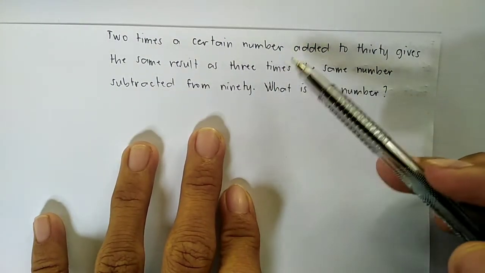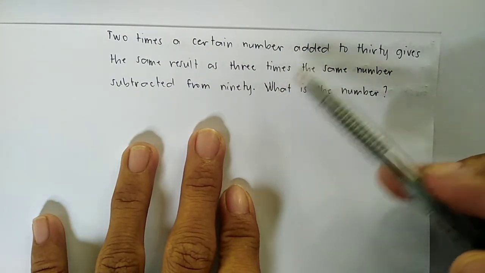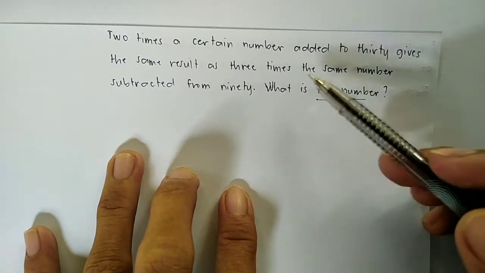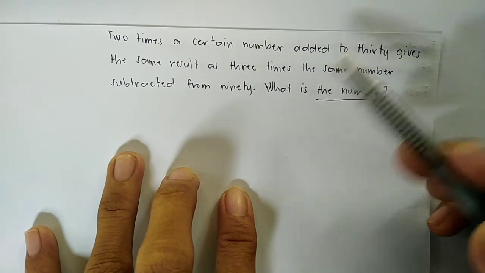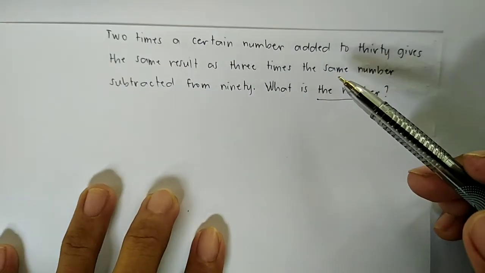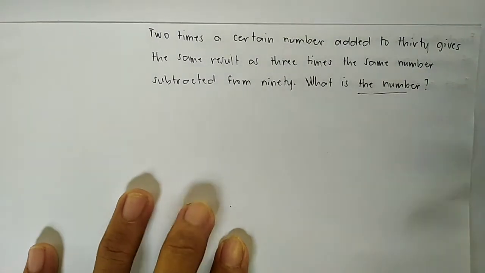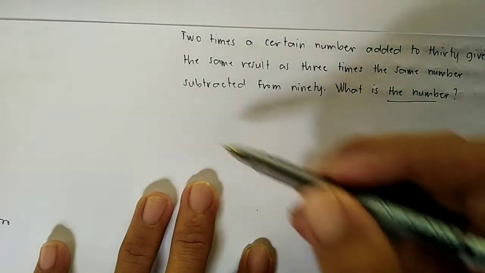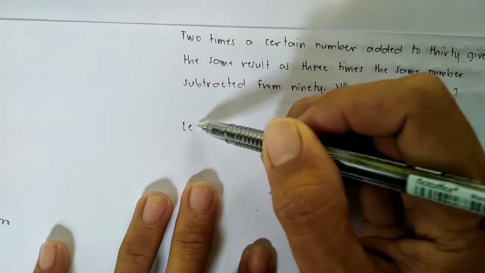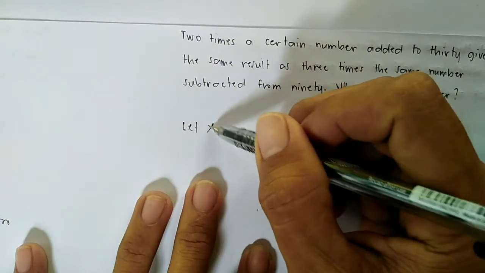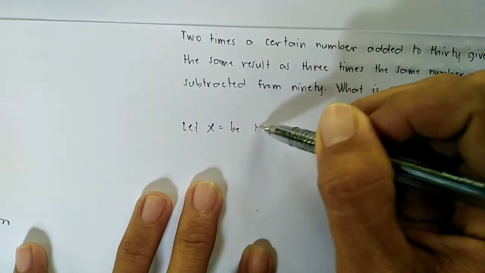So the statement or the problem is asking for the number again. If the problem is looking for a single number, just let one variable represent that number. Just like what we did in the previous example, we will assign one variable to represent this number, so we'll let x be the number.